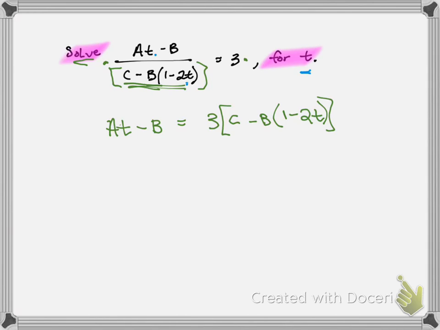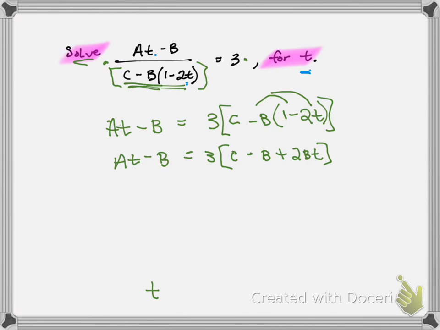Okay, the next step is we would distribute our negative b, and so that would leave us with 3 times c minus b plus 2bt is equal to at minus b. Again, we're solving for t.